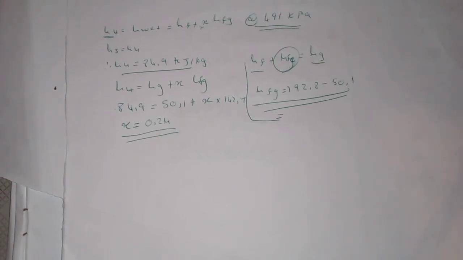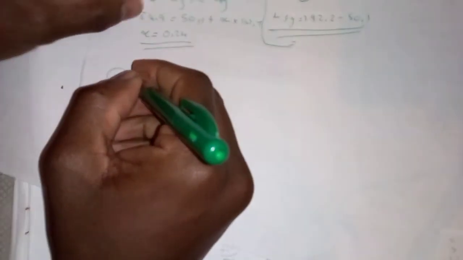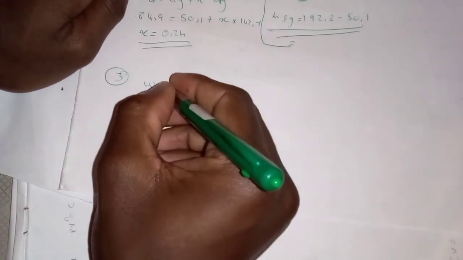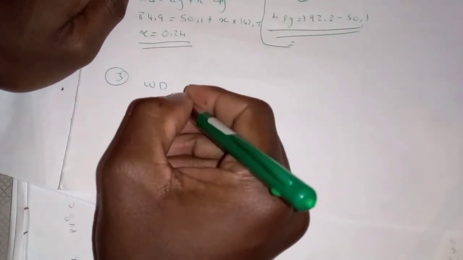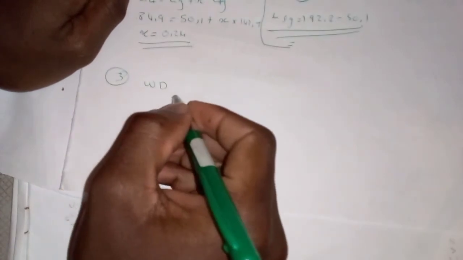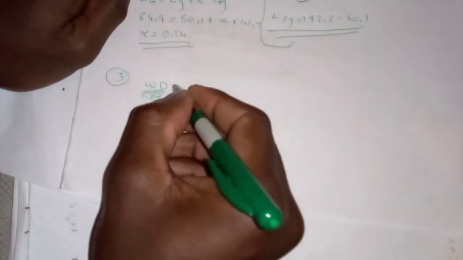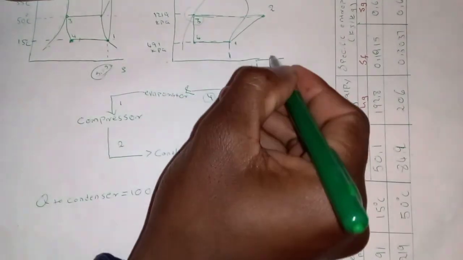They say calculate the power of the driving motor. Assume that only 70% of the power of the driving motor appears in the Freon 12. That is question number 3. They are looking for the power. We know that power is work done per second. So do we have the work done? We know work done is represented from here to here.